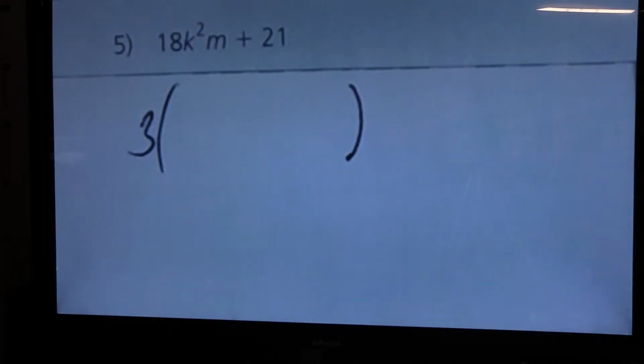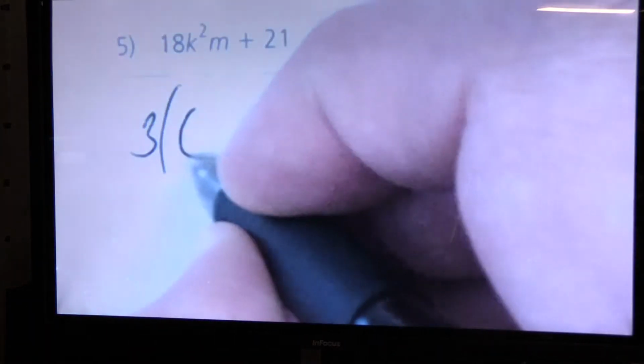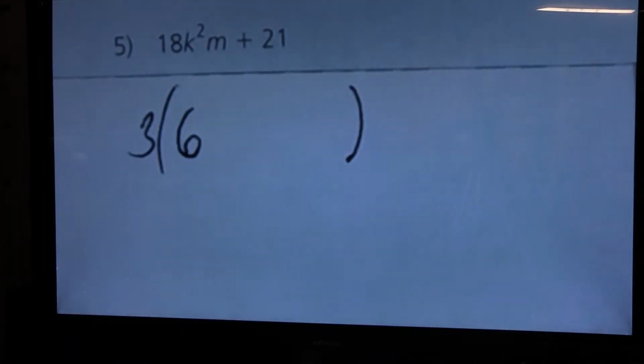I've got some students with their hands up. Okay, we'll take a little bit of student input. Kiara, what do you think? 6. Yeah, so we multiply 3 by 6, we get 18. What are we going to have to multiply by 3 to get the k squared m?